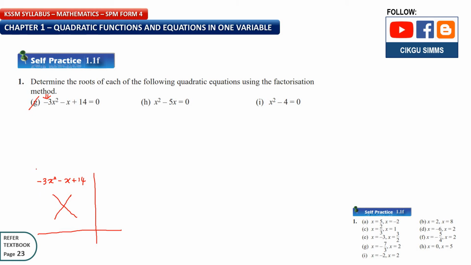So 1 and 3. 1x squared, 3x squared. I don't know yet which one to put the negative, so I leave it first. Okay, and then 14, 1 times 14, 2 times 7.